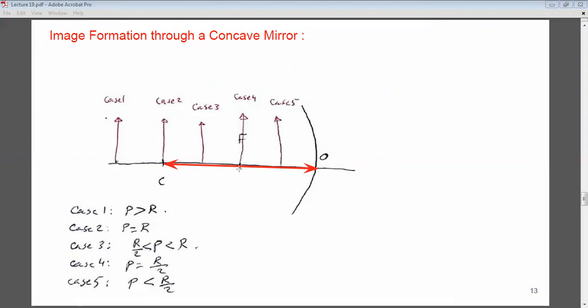Case 4, if it is at F, that is P equals R over 2. P less than R over 2 is case 5.